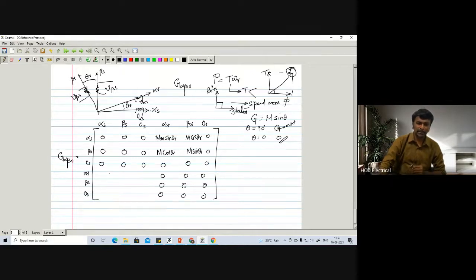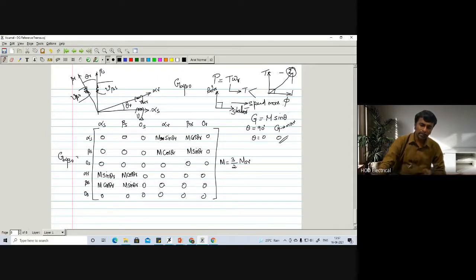Then similarly in alpha r beta alpha s, if you write like this, this is the transpose of this matrix. It will be m into sin theta r, then m into cos theta r, then 0, then m into cos theta r, then m into sin theta r, then 0, 0, 0, 0. So this m is nothing but 3 by 2 into MSR.